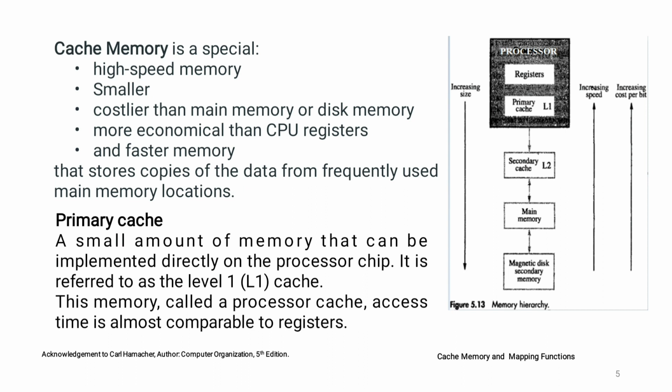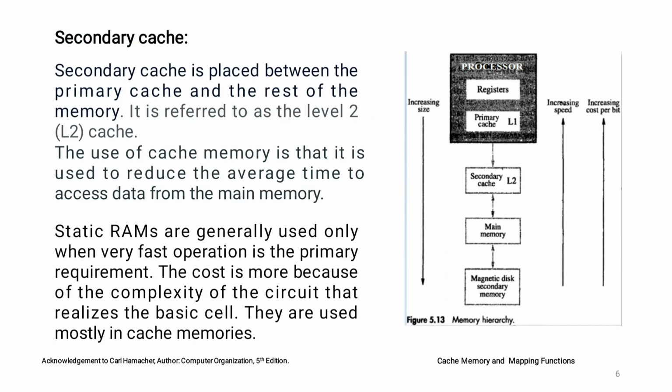So primary cache means cache which is available on chip with the processor. Next, secondary cache, which is the cache which is outside the processor IC, right? These cache memories are made up of SRAM integrated circuits, static random access memory integrated circuits.